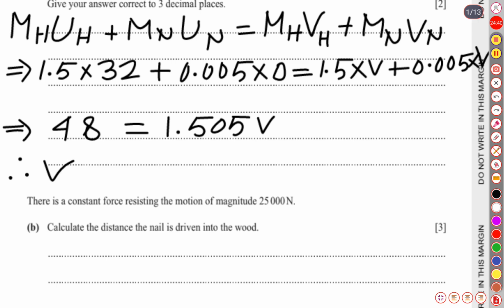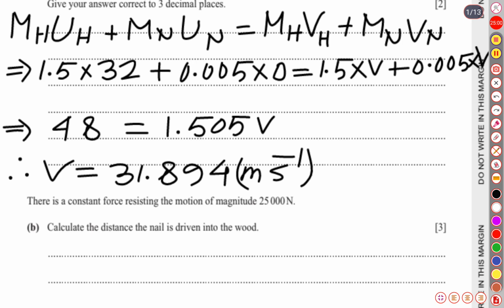Hence velocity after the impact is going to be 31.894 meter per second. I think they have told us to write three decimal places, that's why we have written 894 after the decimal.